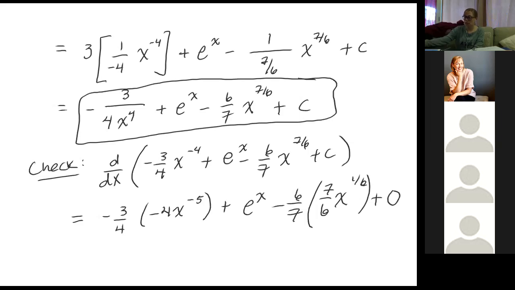That c term is a constant. This gives me 3x to the negative 5th plus e to the x minus 6/7 times 7/6, which is 1, so that would be x to the 1/6, which is exactly what we started with, which is what we would hope to get.